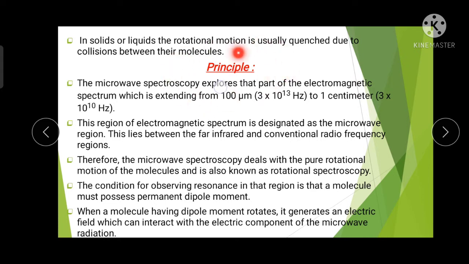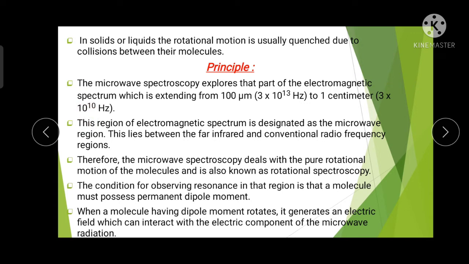Now, what is the principle of microwave spectroscopy? Microwave spectroscopy explores that part of the electromagnetic spectrum which extends from 100 micrometer, that is 3 into 10 to the power 13 hertz, to 1 centimeter, that is 3 into 10 to the power 10 hertz.